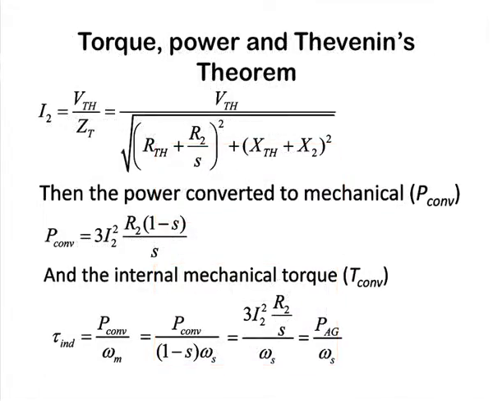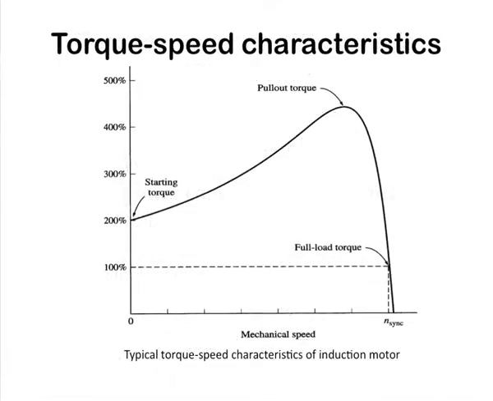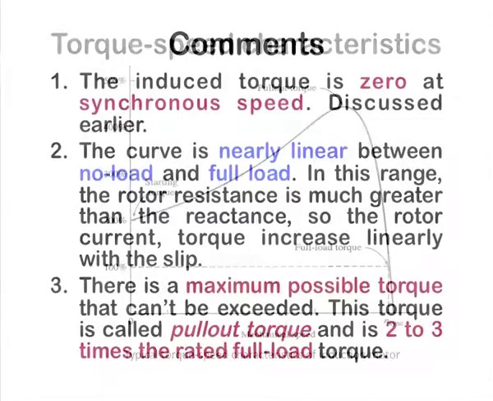We find that this torque is proportional to the rotor resistance R2, and if we plot the torque speed characteristics, the following torque speed characteristics is obtained. You can see that it has some starting torque, it reaches a maximum torque, and then this torque goes on decreasing with the speed.